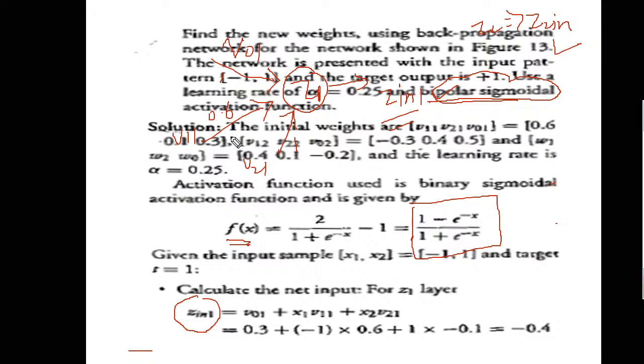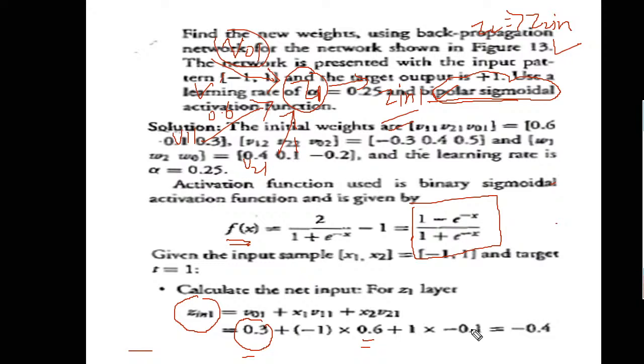So we simply multiply v11 into 0.6 plus v21 into 1, plus v01 bias, because its weight is 1. The bias is 0.3, plus x1 which is minus 1 multiplied by its weight 0.6, plus 1 into minus 0.1.